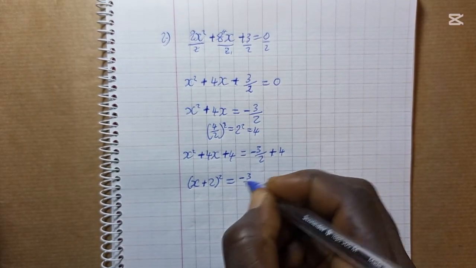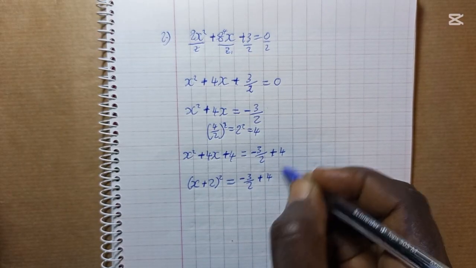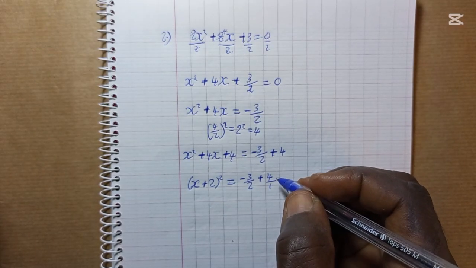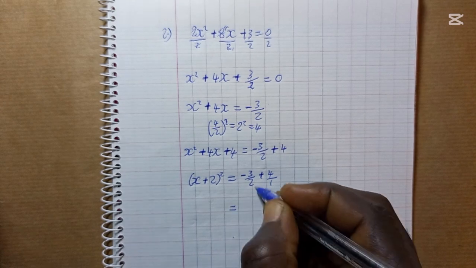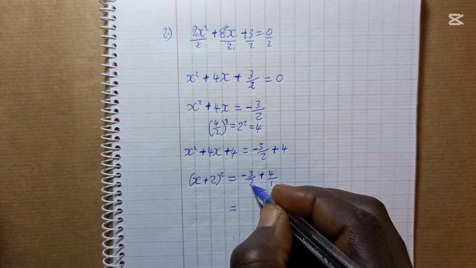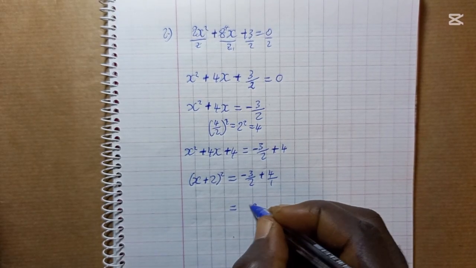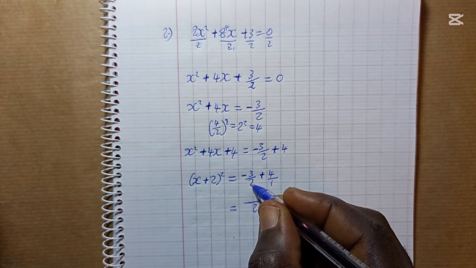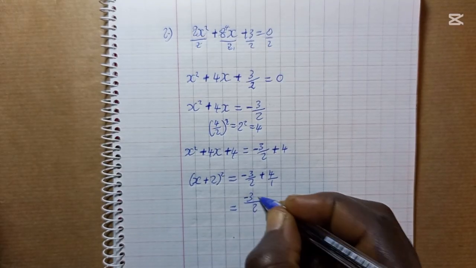minus 3 over 2 plus 4 over 1. And then let's calculate this. LCM of 2 and 1 is 2. 2 divided by 2, 1. 1 times minus 3 will give us minus 3.